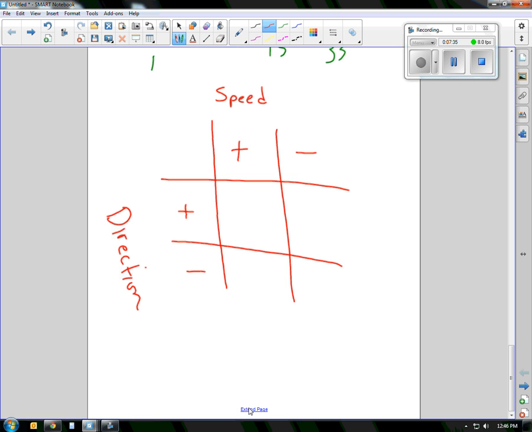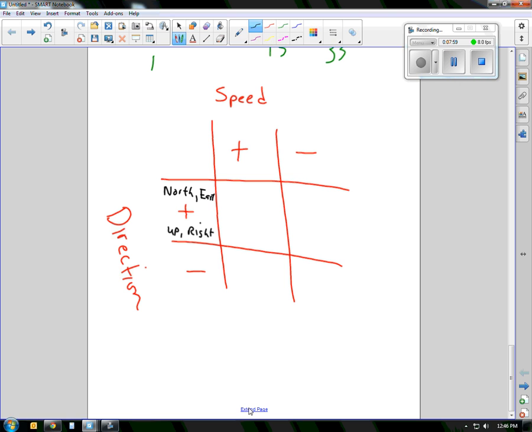So we know some positive directions from our x-axis method and our navigator method. What are the positive directions? Well, they're north and east. Or in the x-axis method, it was up or to the right. So those are our positive directions.